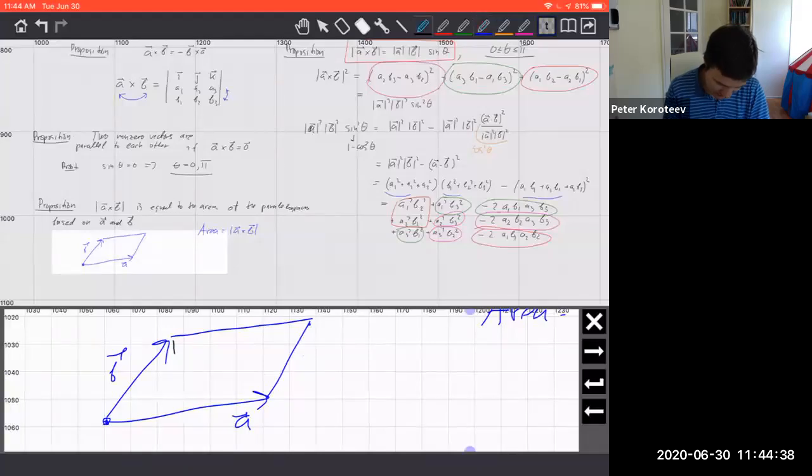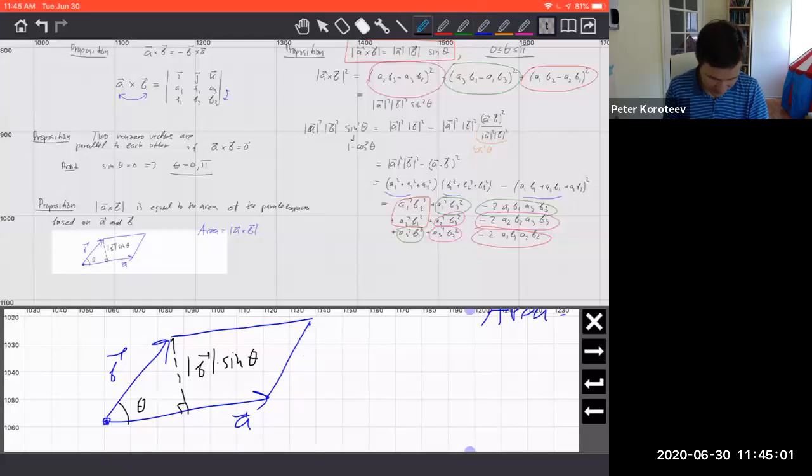Let's draw this altitude here, the height. If the angle between the two vectors is theta, then the length of that is the absolute value of B times sine theta.